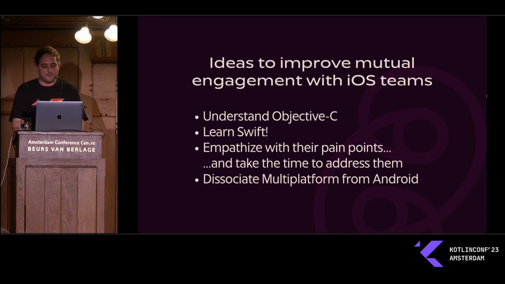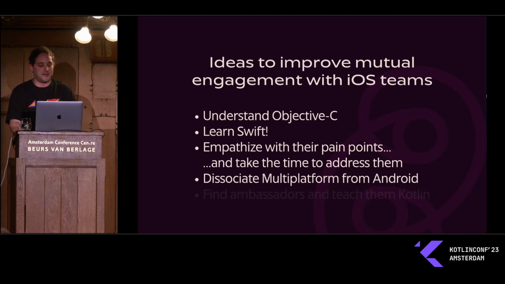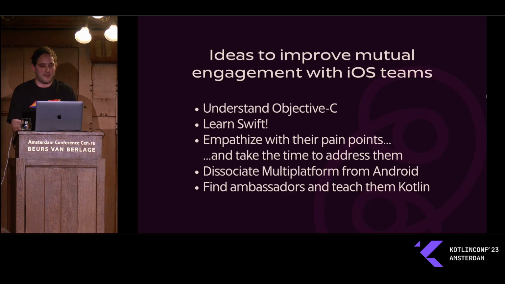And lastly, from my experience, do not try to teach Kotlin multi-platform to all iOS developers of a single team. Find ambassadors. Find one, two, three members of the iOS team that are interested in Kotlin multi-platform, and then let the team organize themselves on who does what.